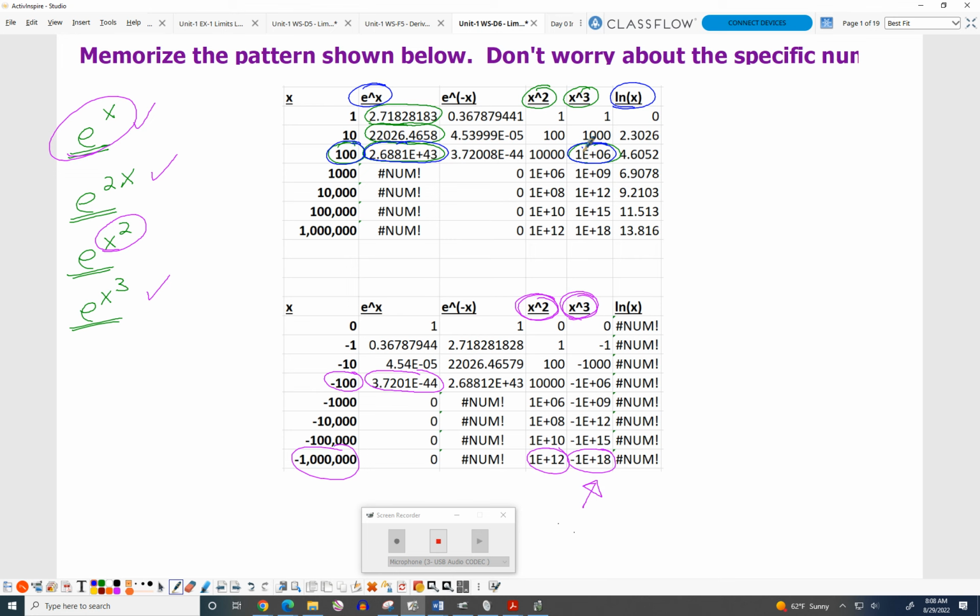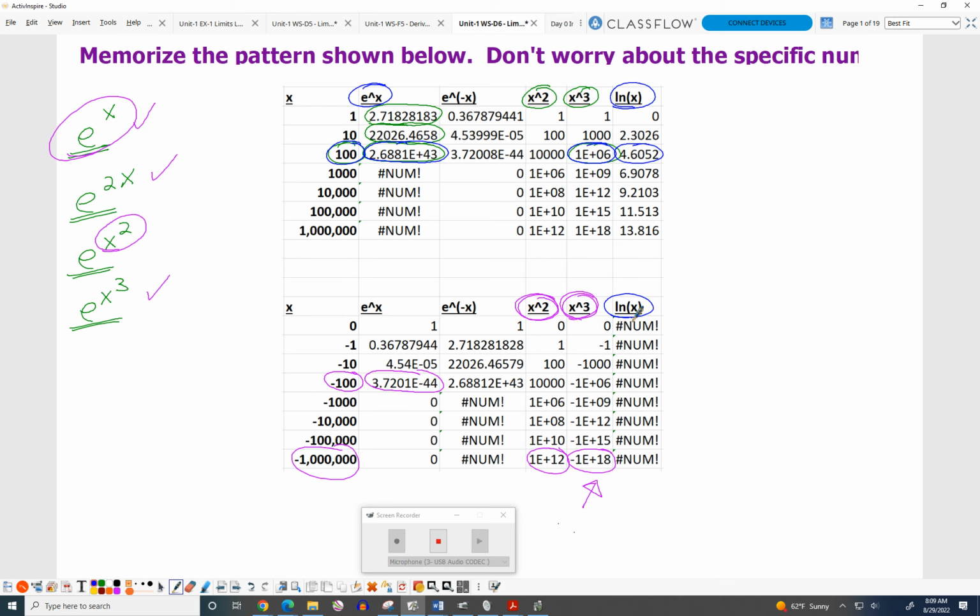The natural log of 100 is 4.6. So it grows very, very slowly by comparison. And then the natural log, you learned this in another class, the natural log of any number that is 0 or negative isn't even defined. So you don't memorize this chart, but you memorize the idea, and then we're going to use it on the yellow packet. Questions so far?